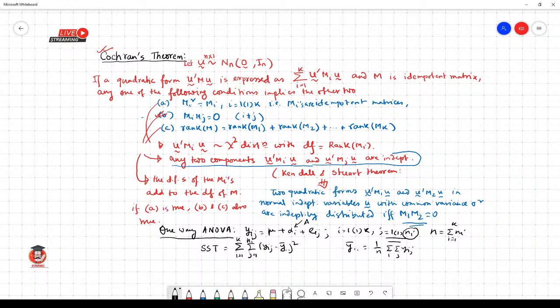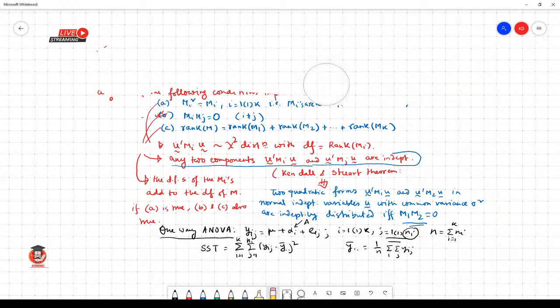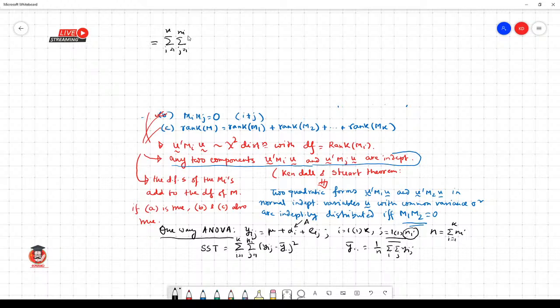So this is equal to the sum over i from 1 to k, sum over j from 1 to n_i of y_ij square minus n y dot dot bar whole square, which is y prime y minus n y prime 1 1 prime y, where 1 is the vector whose all elements are 1, of order n cross 1.